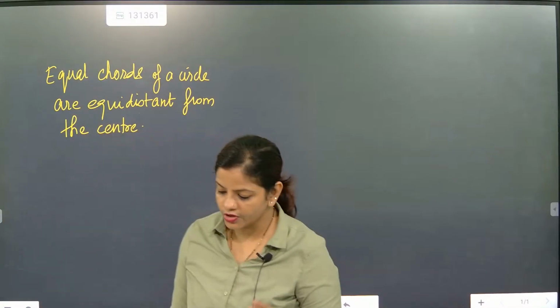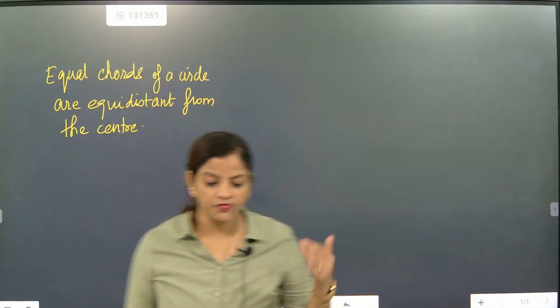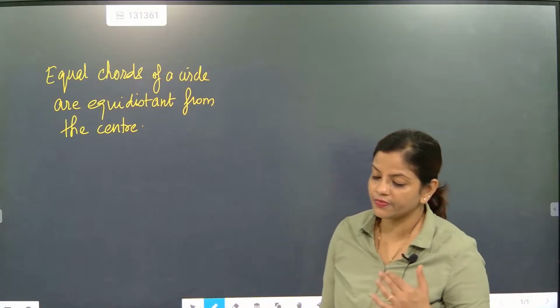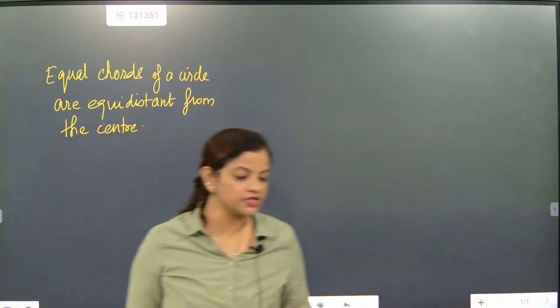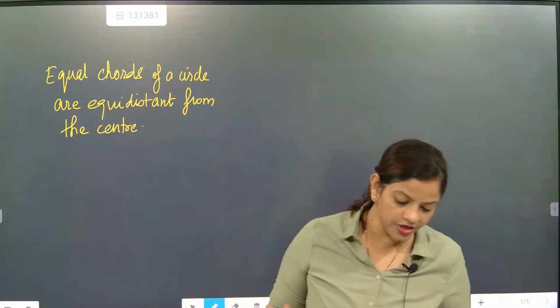This is exactly what you need to prove. Equal chords of a circle are equidistant from the center. This is what we need to prove.